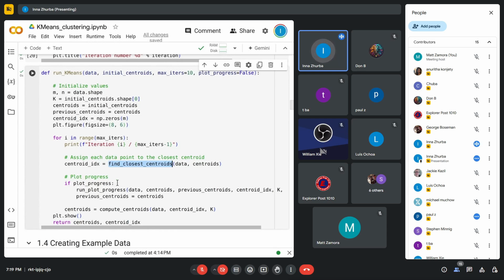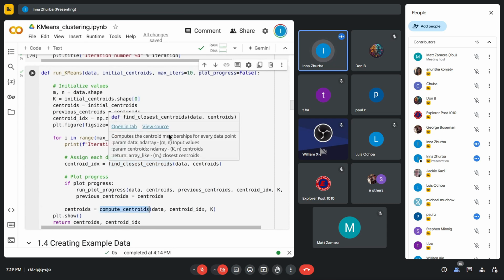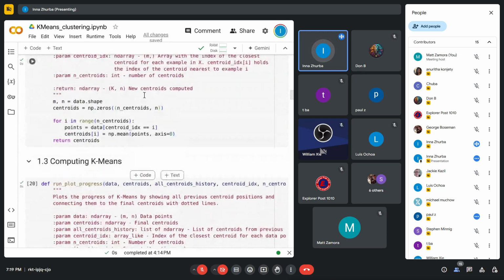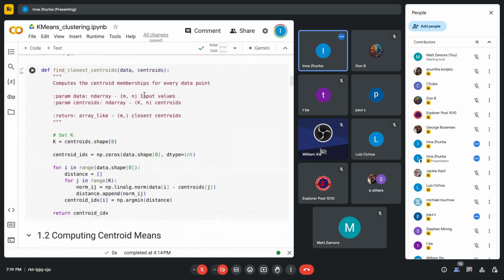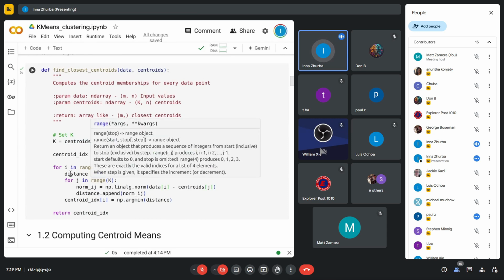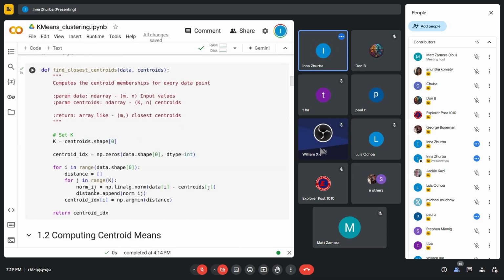This is just to visually represent it. And then we recompute the centroids. So when we find the closest centroid, we get the K from the input values. We calculate the distance as a norm, the distance from the data point to its assigned centroid.